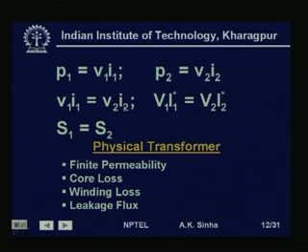If we write in terms of phasors for sinusoidal voltage sources, then we have V1 I1 conjugate equal to V2 I2 conjugate, where V1 I1 conjugate is called the complex power P plus jQ, and V2 I2 conjugate is the complex power on the secondary side. So, we have the complex powers on the two sides equal to each other.